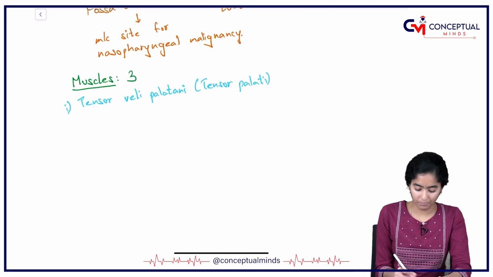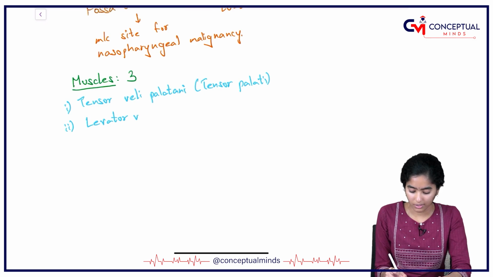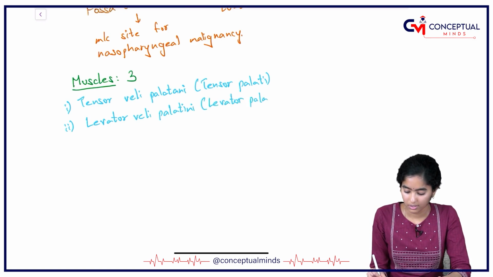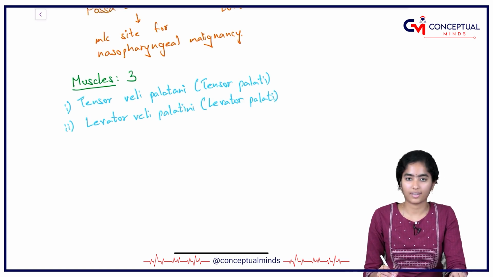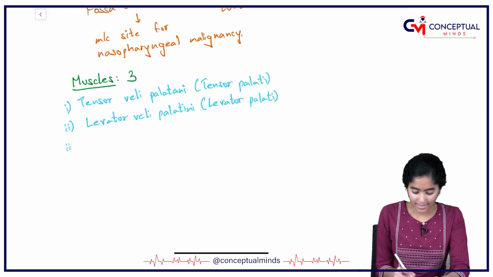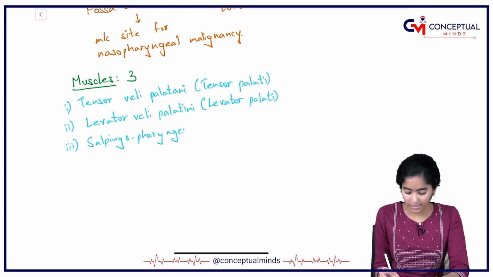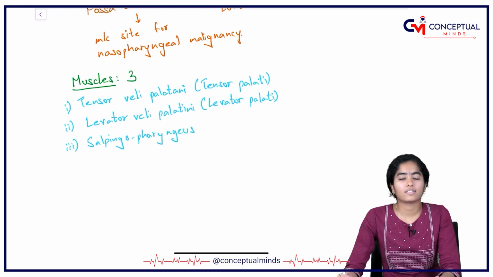Next is levator veli palatini or levator palati. They both are the same. Next is salpingopharyngeus. These are the three muscles that are present in the pharyngeal end of Eustachian tube.